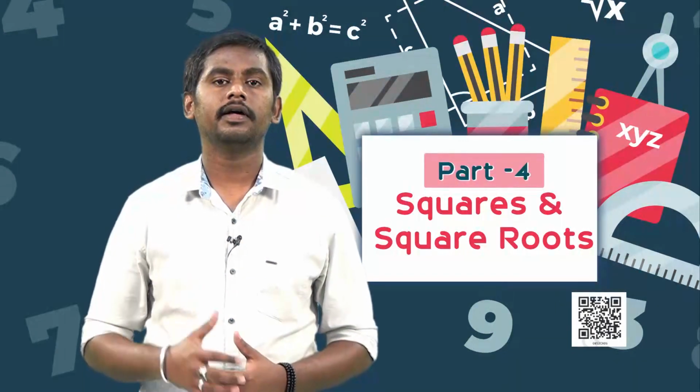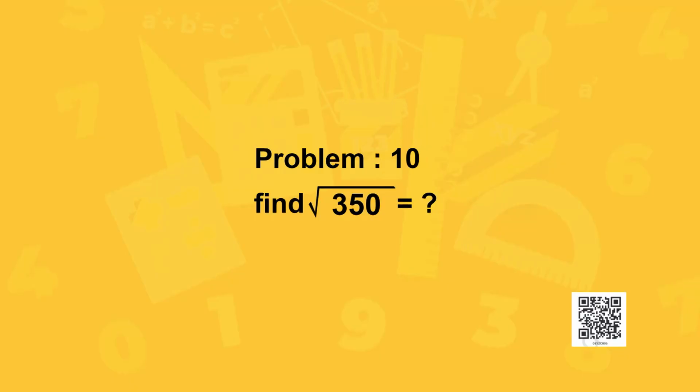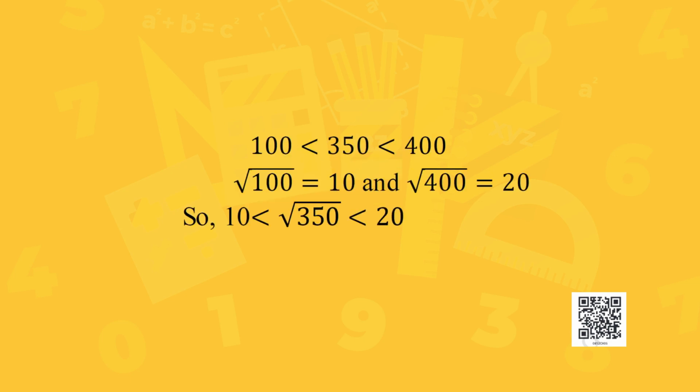How to estimate the square roots? In a similar manner, let us try to estimate the square root of 350. We know that 100 is less than 350, which is less than 400. Since the square root of 100 is equal to 10 and the square root of 400 is equal to 20, it implies 10 is less than the square root of 350, which is less than 20.